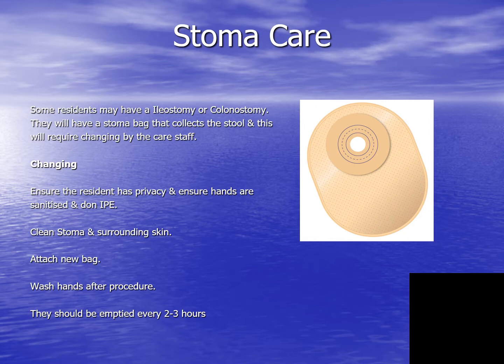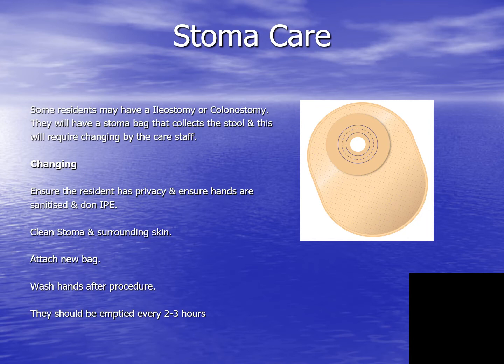If someone has a stoma, it will be in their elimination care plan, with further details on their specifics. You obviously need to wear gloves and apron if you're changing that. You need to be careful when you're cleansing it not to damage the stoma. It can become damaged and bleed, etc. So you need to be careful. Follow what's in the care plan.